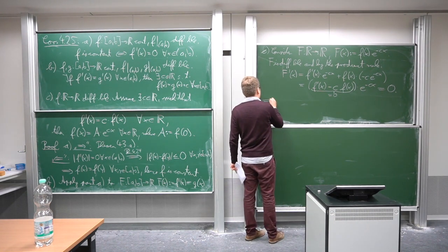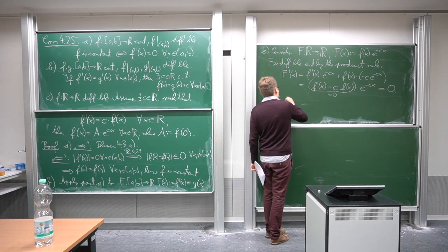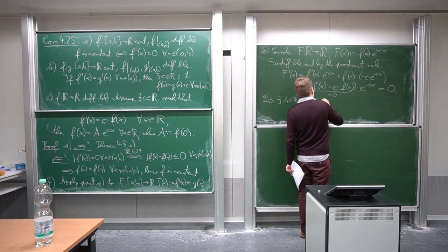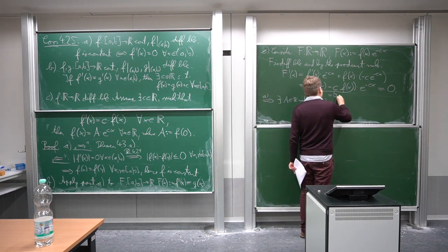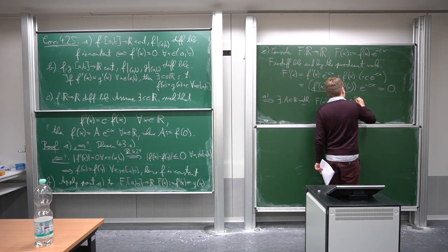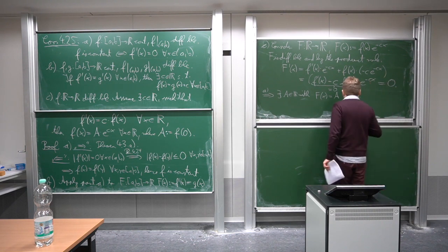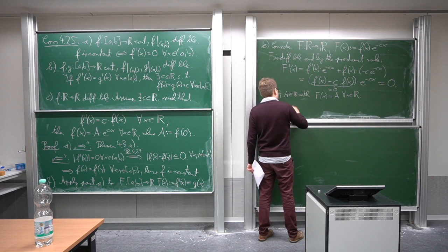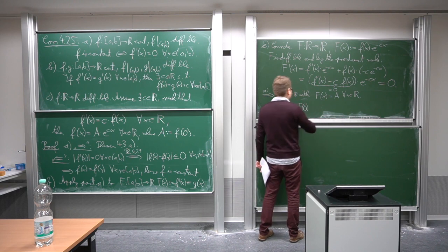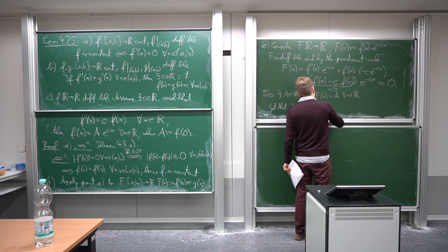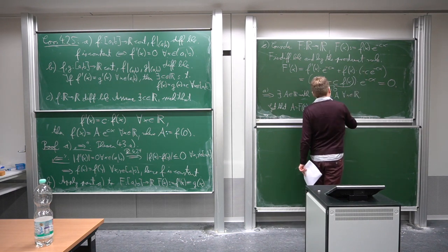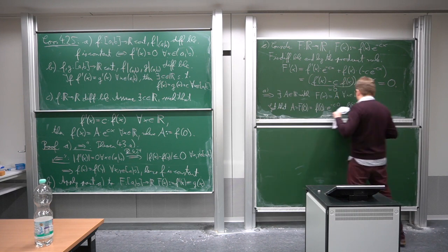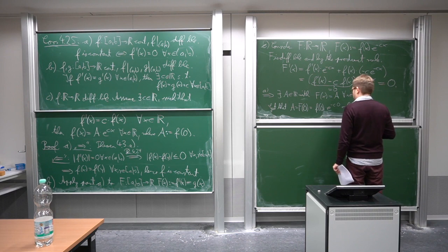So by part A, there exists some a in R with capital F of x equal to a for all x in R. So in particular, we get that a is equal to F of 0, and F of 0, if we just write this down, is small f of 0 times e to the minus c times 0, so e to the 0, which is 1, so we simply get f of 0.